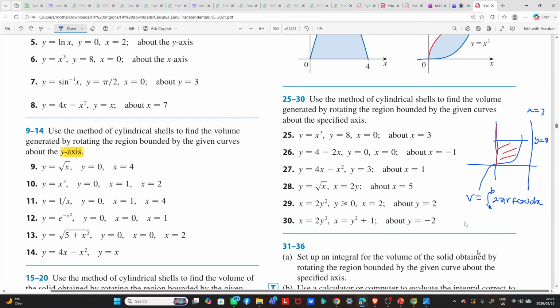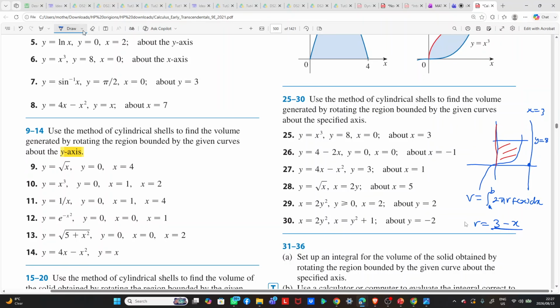Instead of it just being x, it will be 3 minus x. When you're here, this is the center of the thing. And we know usually our radius will just be x, so we need to say 3 minus x as the radius. Then we have this.